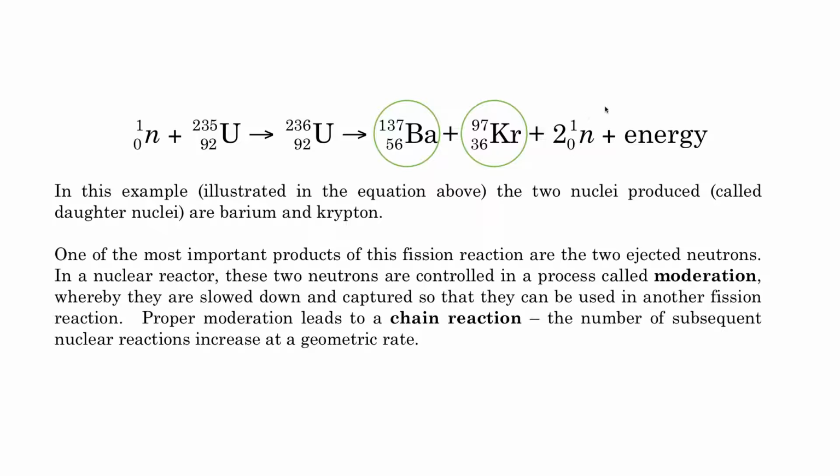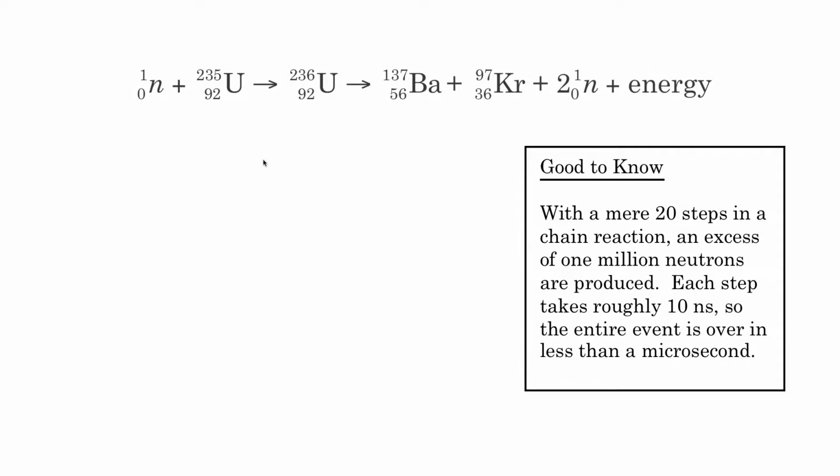And then in another fission reaction, of course, two neutrons becomes four neutrons. So here's the equation again. In our first fission reaction, at the end we've got two neutrons. These are captured, moderated, and used again.